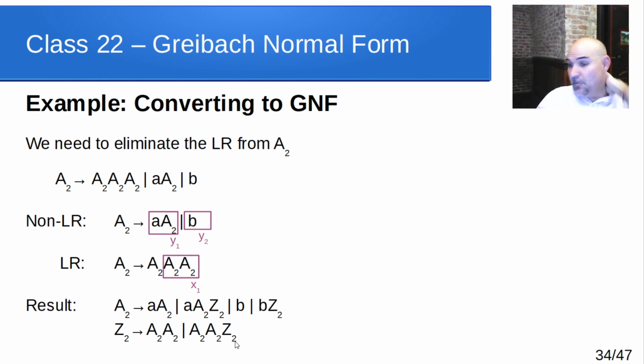And again, the reason this works is because if you think about what's going on with left recursion, we're creating a chain of the left recursive things, eventually ending with a non-left recursive thing at the front. So we've just reversed that chain and said, well, let's make the non-left recursive thing at the front, and then we can go into this Z2 part or skip it. If we go into the Z2 part, that's the part that's creating the chain of zero or more things.